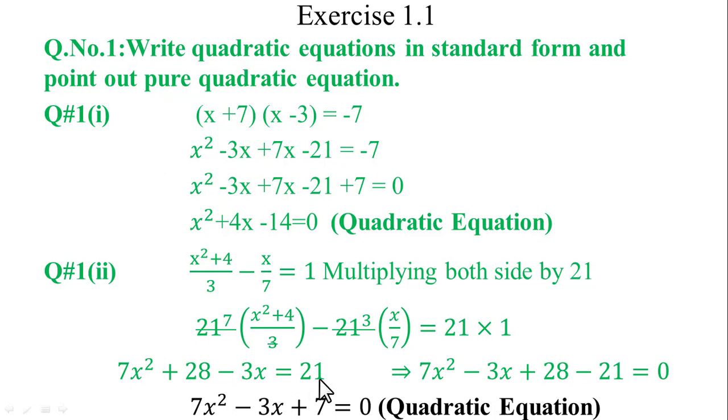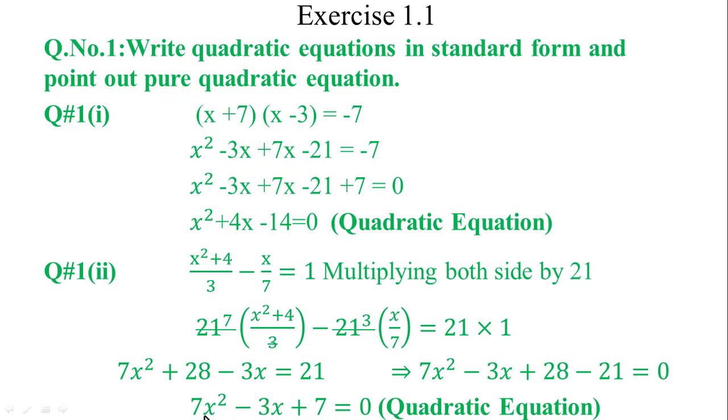Here we arrange the values, then we have 7x square minus 3x plus 28 minus 21 is equal to 0. Now we write the solution: 28 minus 21, the answer is plus 7, is equal to 0.